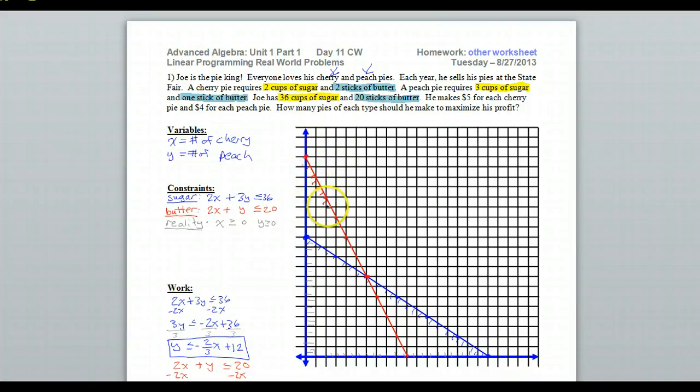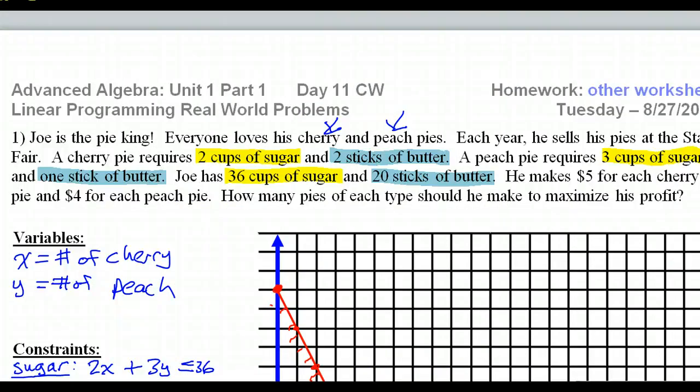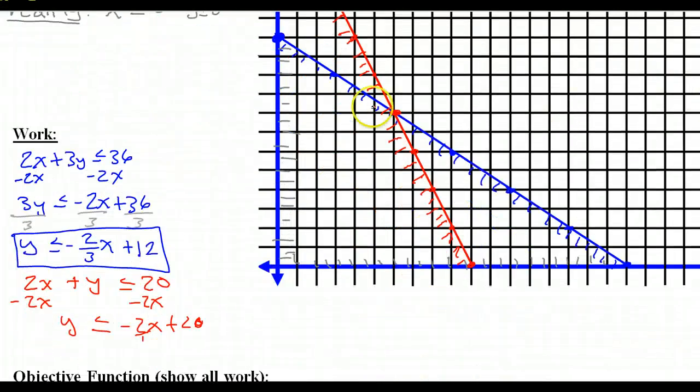So I'm going to put the grass on the underside, the below side of the line, to remind me to stay below this line. All right, so you can see that the feasible region is going to be in this area right here. Okay, I'm going to go ahead and try to use a polygon to represent that.